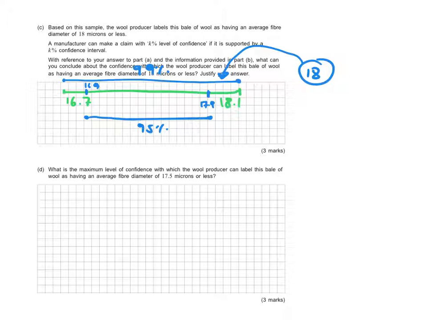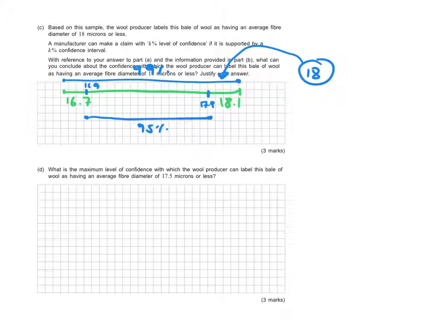So part D. What is the maximum level of confidence with which the wool producer can label this bale of wool as having an average fiber diameter of 17.5 microns or less? I have seen many kids doing this question by trial and error, which is really great.